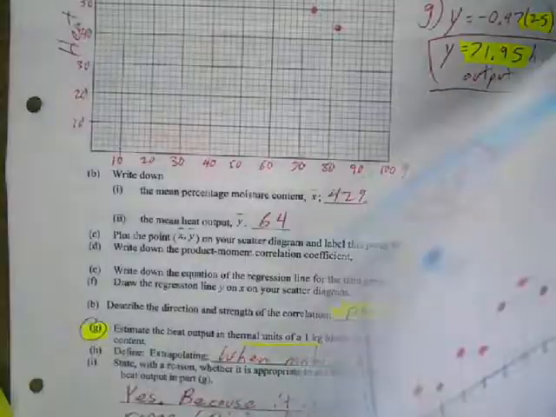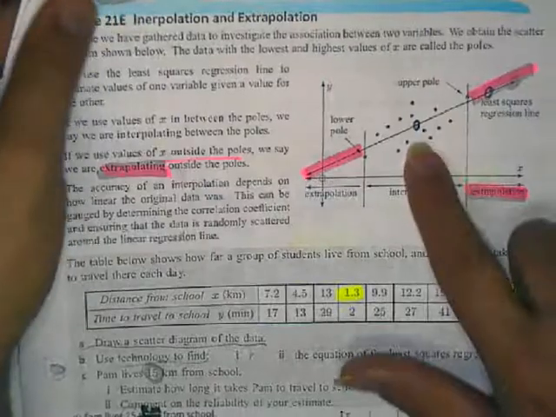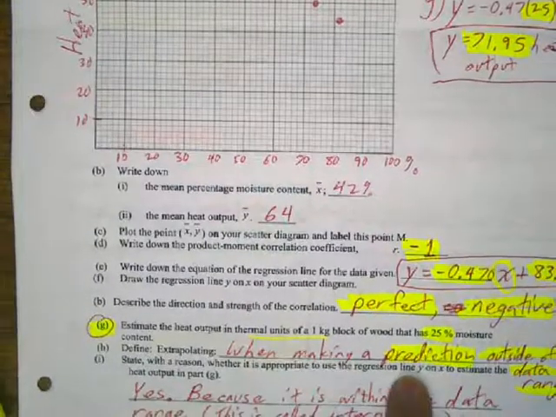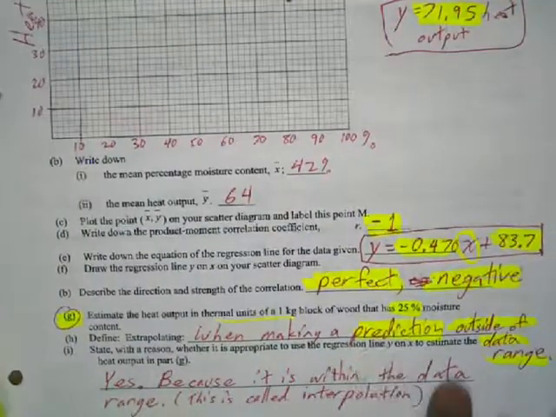Extrapolation, we learned, was when you're trying to make a prediction outside of your data. So if all of my dots are within a particular range, and I make a prediction somewhere in between where the dots are, that's called interpolation. My prediction is in between where the data is. If I'm trying to make a prediction that's outside of where my data is, that's called extrapolation. So basically, it's when I'm making a prediction outside of my data range.